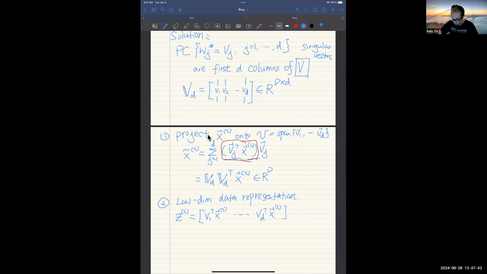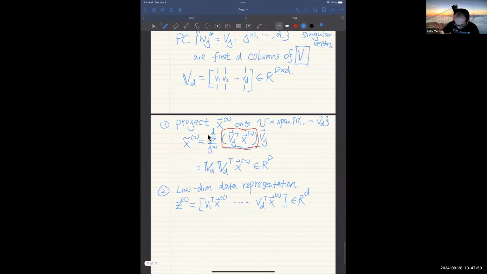Of course, this will be in R^d. You can write everything in matrix form: this is the stacked matrix Vd transpose times X of i.